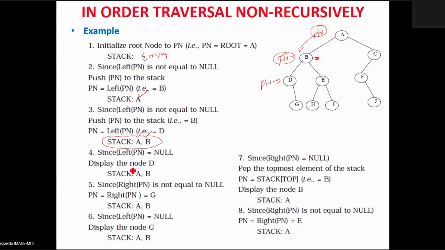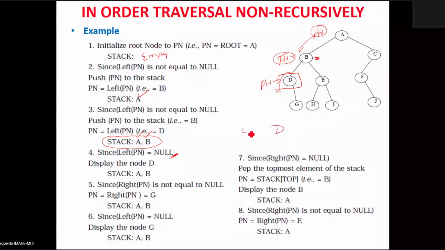Now Pn is pointing to the node D, and we are going to test whether this node D has a left subtree or not. The left subtree for D is empty, so you'll get a null value in the pointer Pn. Now you have to display that value.